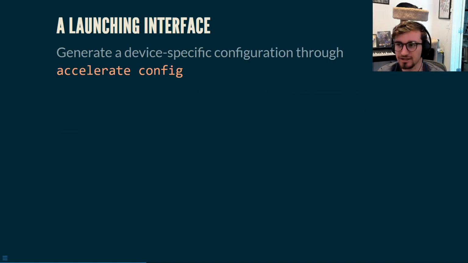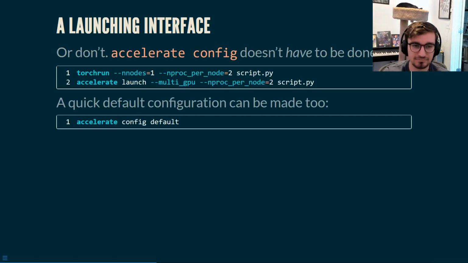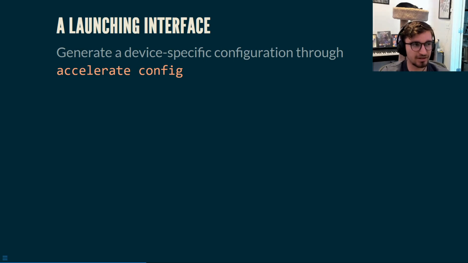Now, how does it do this? Because obviously it needs some way to know what GPU you're running, how many processes you're running, and so forth. Accelerate has a configuration CLI, or command line interface, via accelerate config. I believe there should be a GIF of this later, but essentially it gives you a bunch of questions asking how your process is set up.